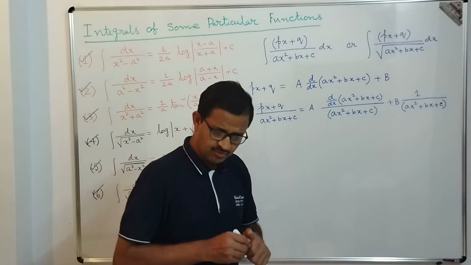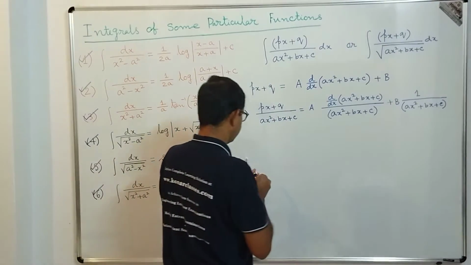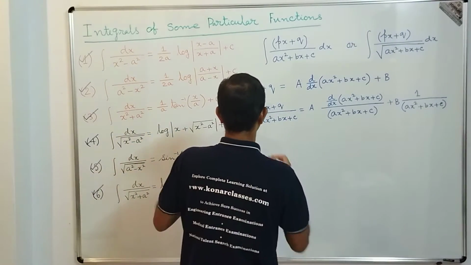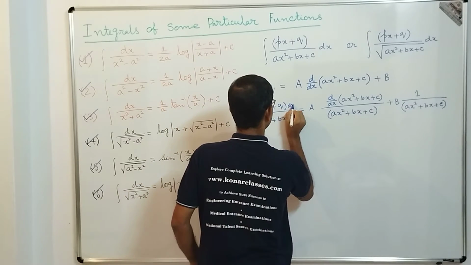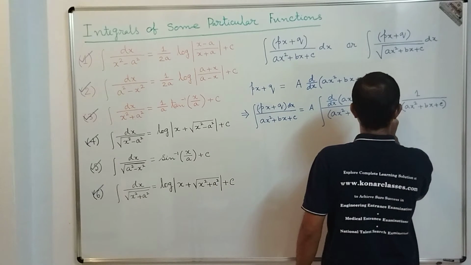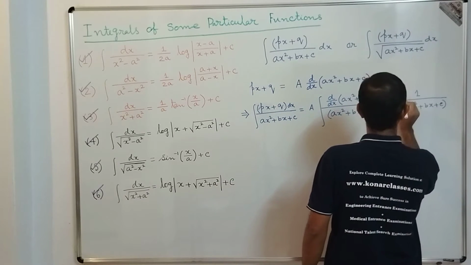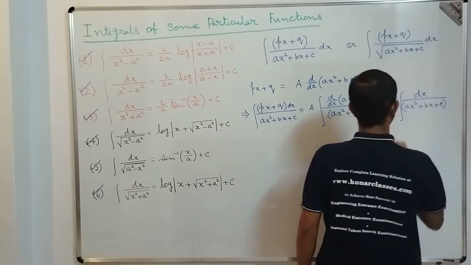Let me repeat, in case someone is confused about how we are going to perform this integration. Suppose we write the integration of A times d/dx of (ax² + bx + c) over (ax² + bx + c) dx, plus B times the integration of 1 over (ax² + bx + c) dx.